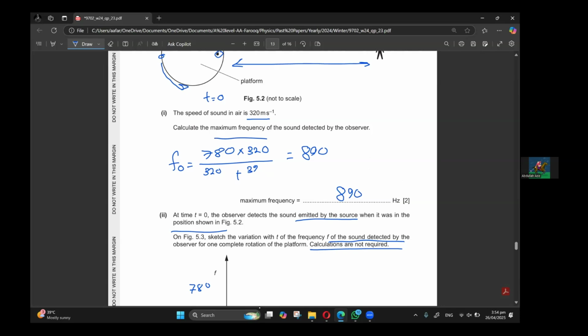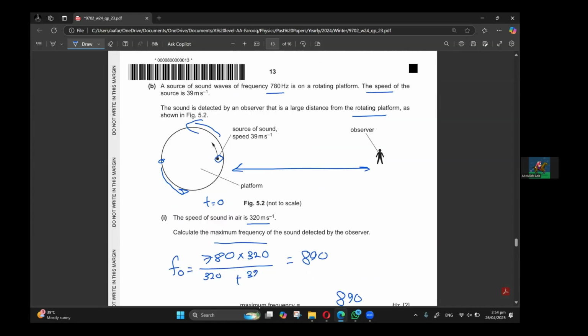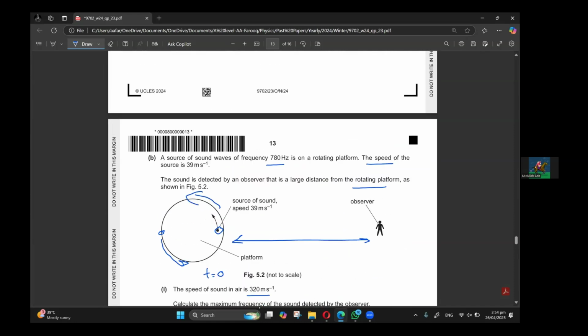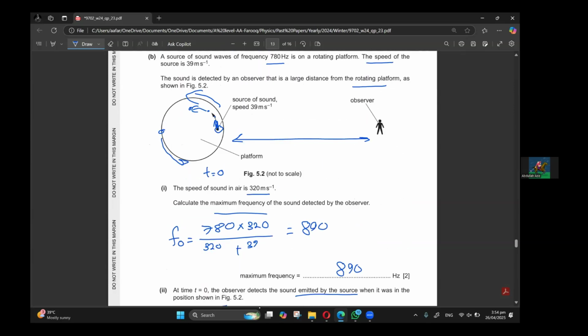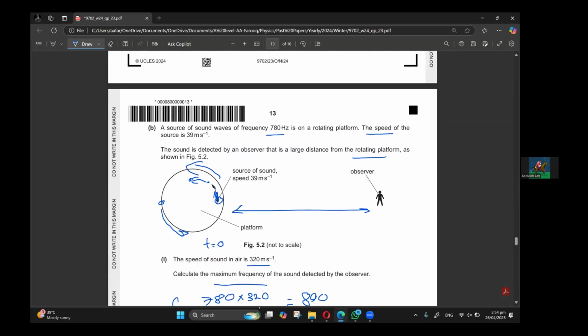Variation with time of the frequency of the sound detected by the observer for one complete rotation of the platform. So over here is 39, but it's 39 in this direction. So the time it takes to move from over here to here, the speed component actually increased. So 39 will be over here exactly.